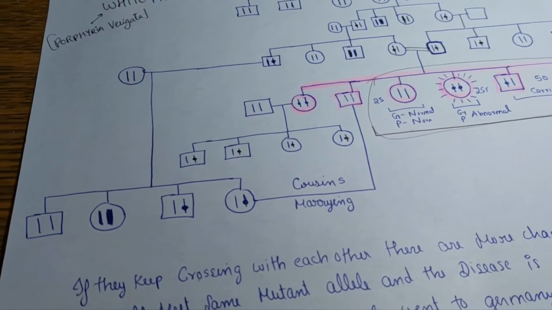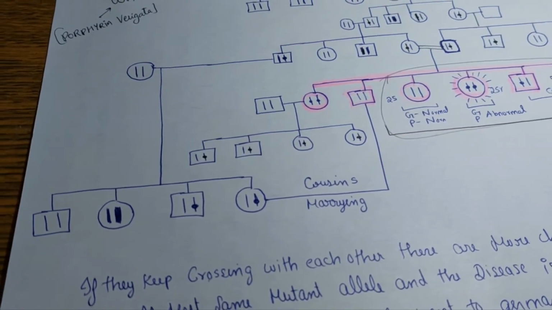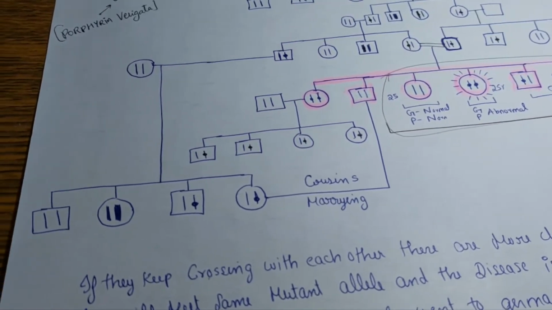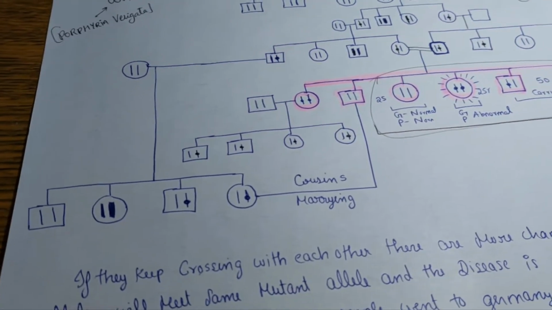That is, they will have the defective copy of the gene for Porphyria variegata as well as the defective copy of the gene for hemophilia.